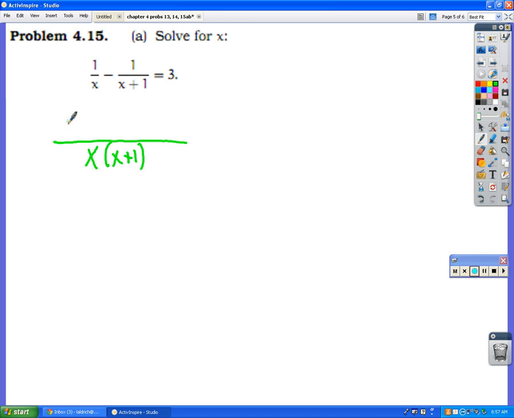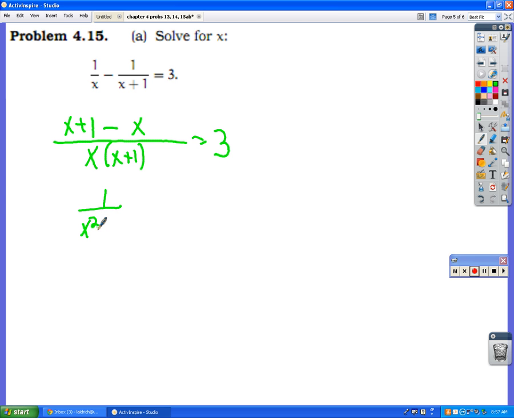So x plus 1 times 1 is x plus 1 minus, I had to multiply this denominator by x to get this, so I have to multiply the numerator by the same thing. So x times 1 is x, and that equals 3, right? So on the top, the x's cancel.